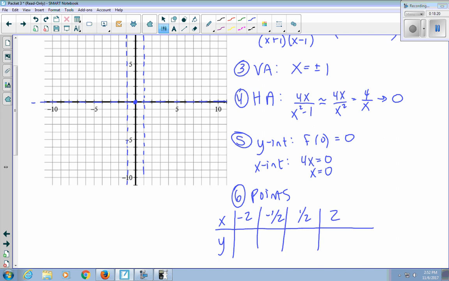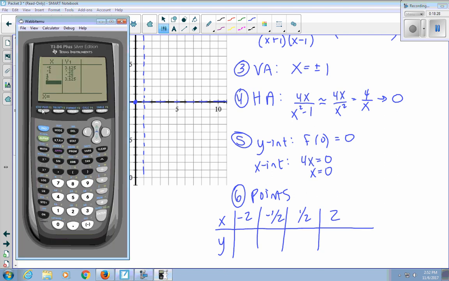Once I have those points, that should be enough to sketch a rough version of the graph. So I'm having my calculator get these. Go to y equals, I'm going to type in my function, which is 4x over x squared minus 1, and I should have put parentheses around that denominator.